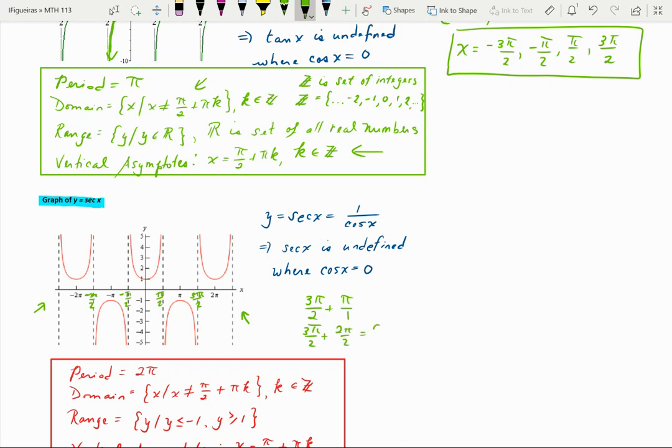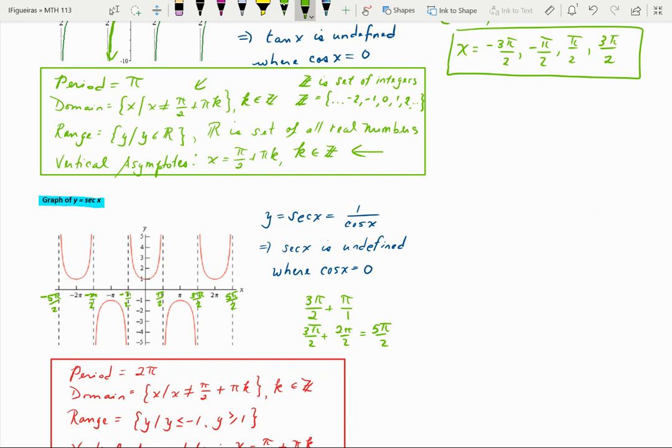So that other asymptote all the way to the right is 5 pi over 2. Similarly, you would do the same thing on the other side, except you'd be subtracting. And so on the left, all the way over here, this has a value of negative 5 pi over 2. And again, there are infinitely many of these in both directions.